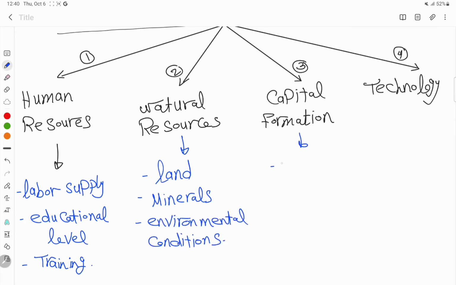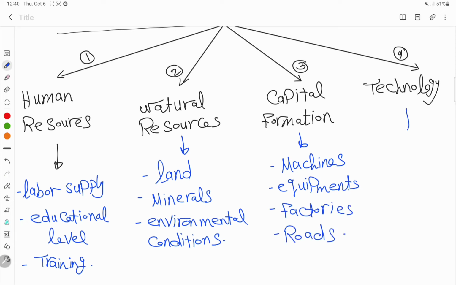Capital formation such as machines, equipment, factories, and roads. The last one is technology, such as science, computers, and modern technology.